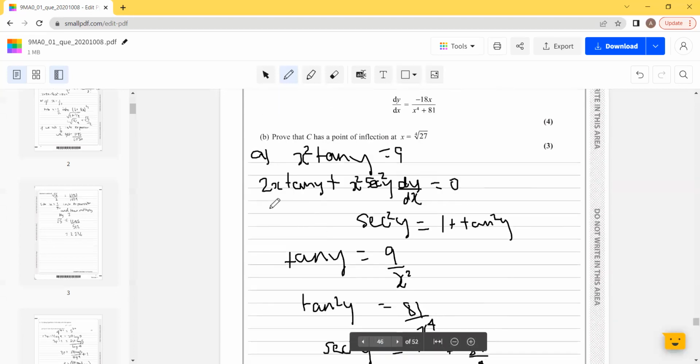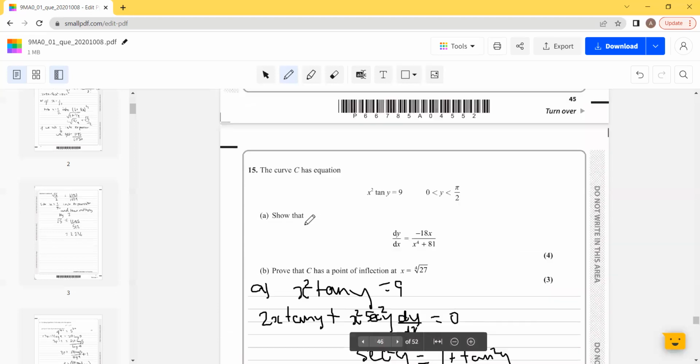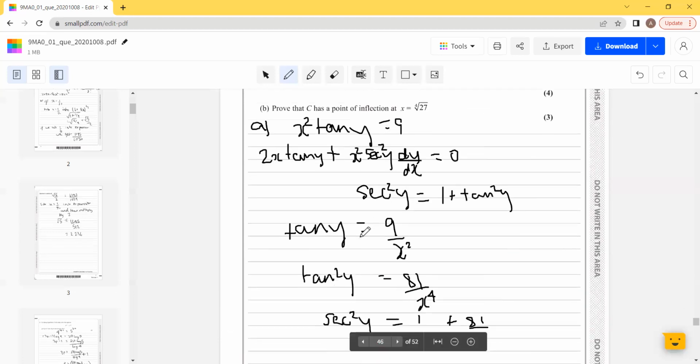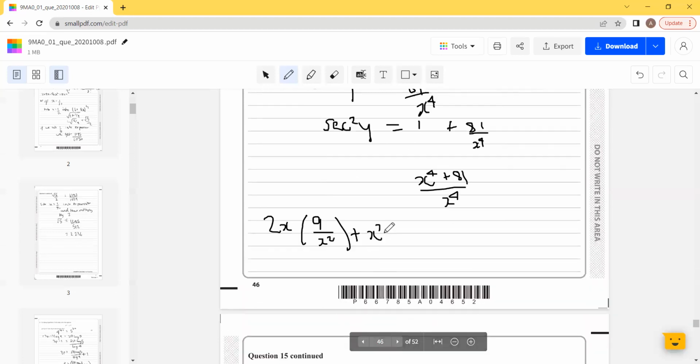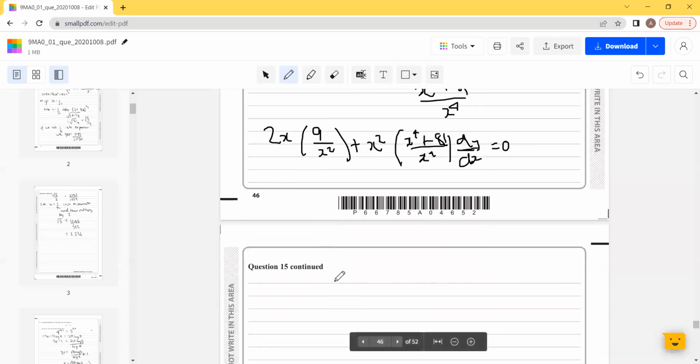Now I can substitute it back into this equation. So 2x times tan y, and tan y is 9 over x squared. So 2x times 9 over x squared, plus x squared times x to the 4 plus 81 over x to the 4, dy by dx is equal to 0. Now we can simplify this. 2x times 9 over x squared is 18 over x.